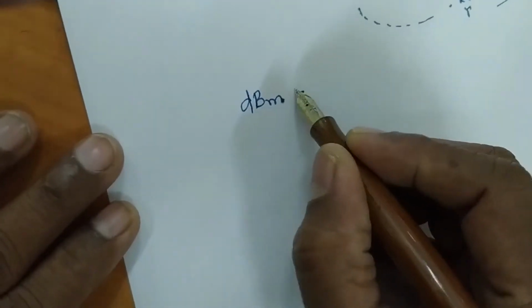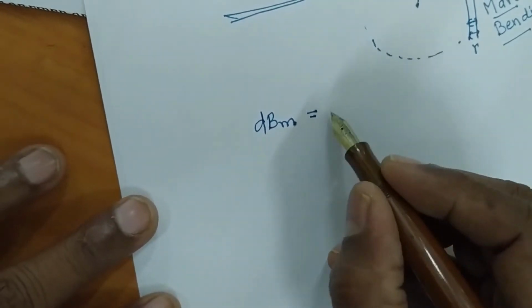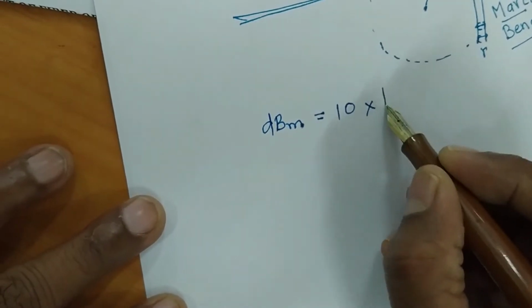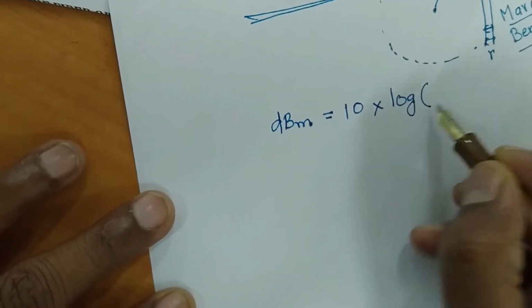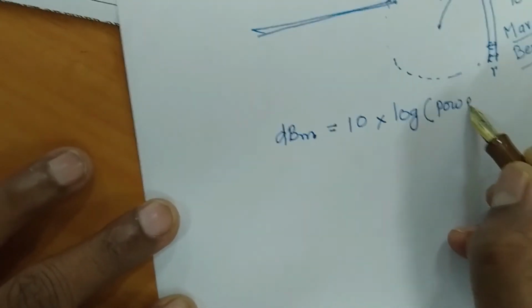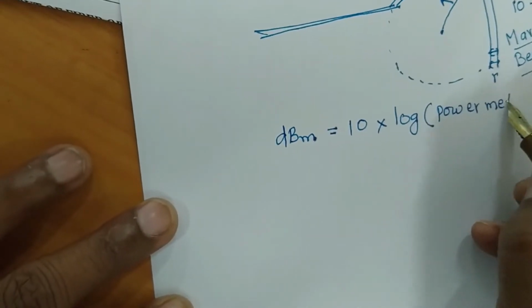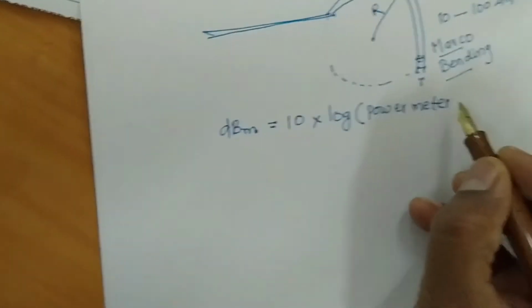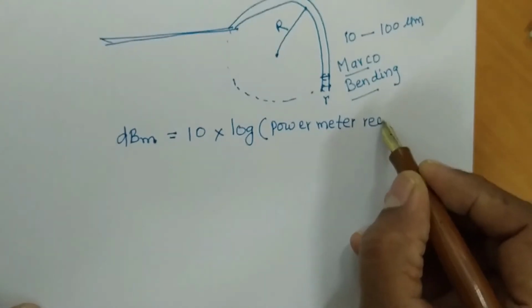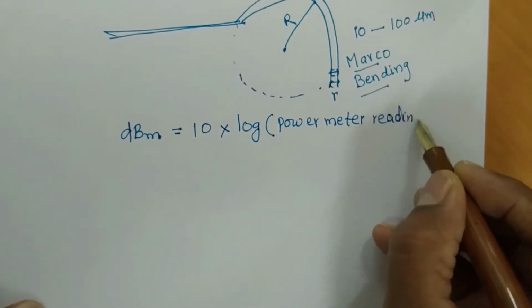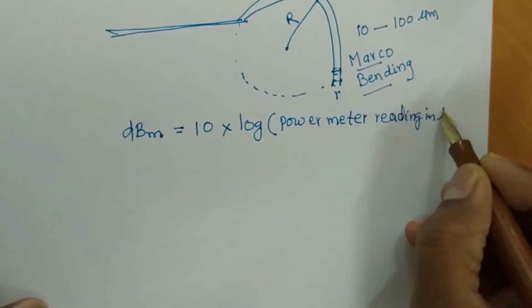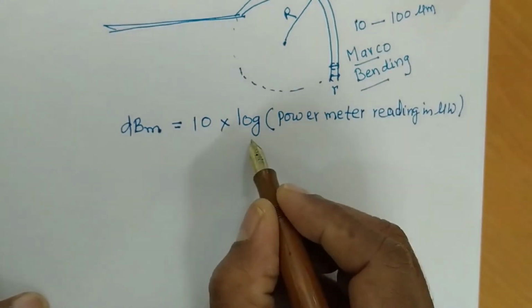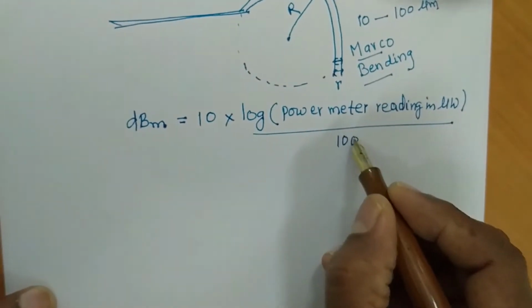decibel per meter, is equal to, I will write 10 into logarithm of the power meter reading. Whatever the reading the power meter is showing in microwatts, because this is a microwatt meter, divide this by 1000.